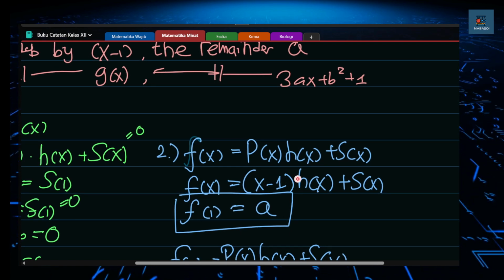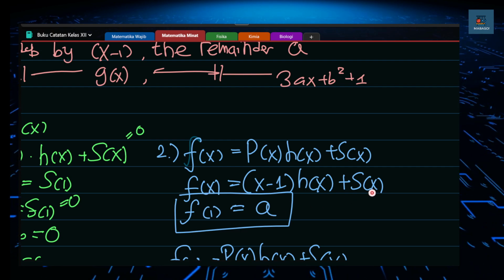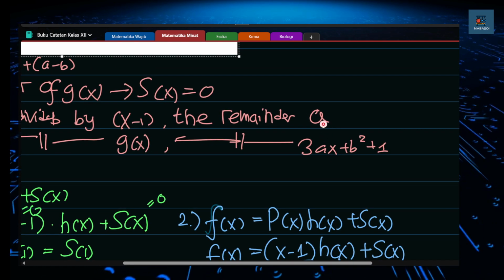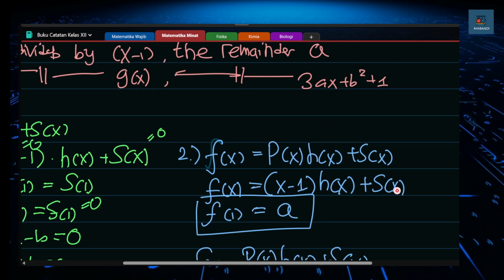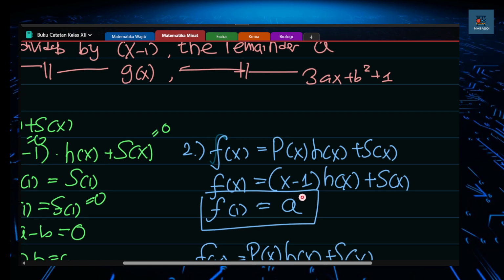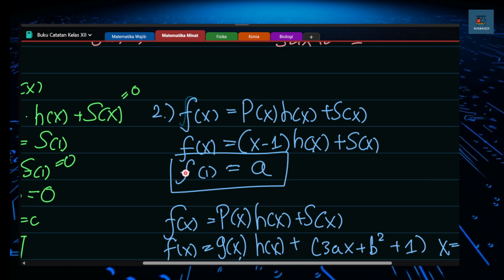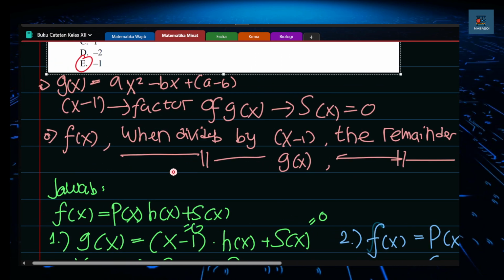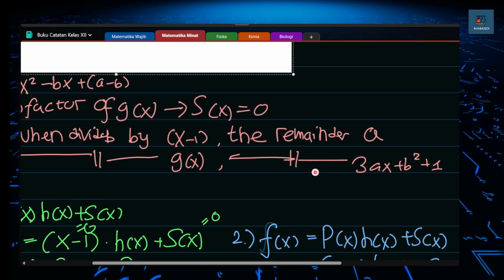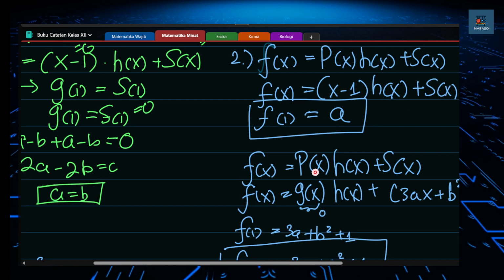So x equal to 1, therefore f(1) equals a, because the remainder is a, so s(x) would be equal to a when x equals 1. And then the next one: f(x) when divided by g(x), the remainder will be 3ax plus b squared plus 1.